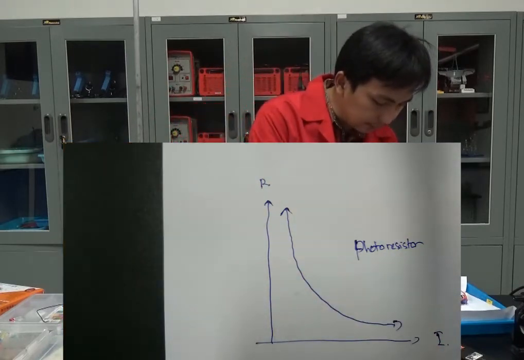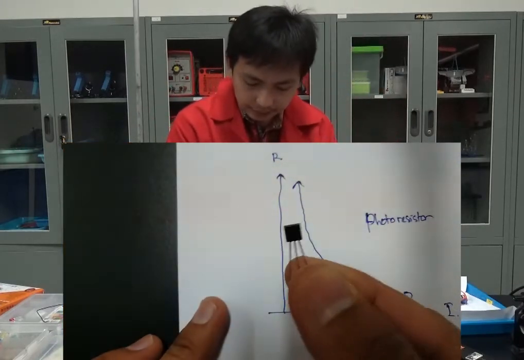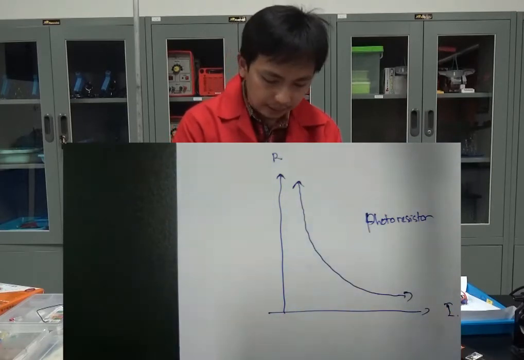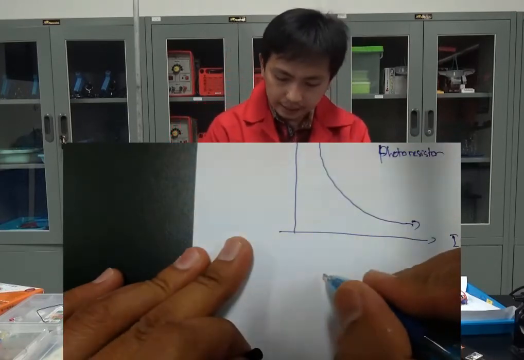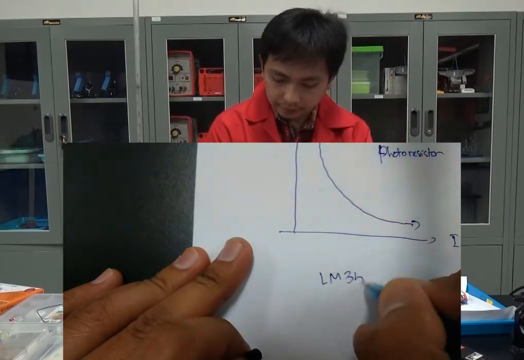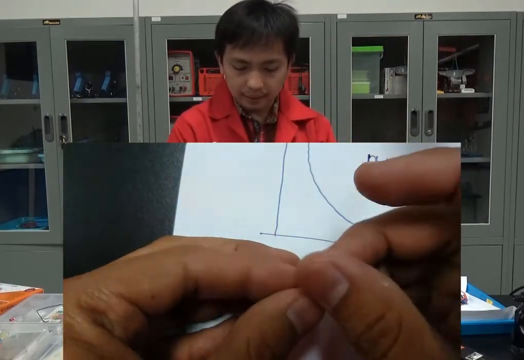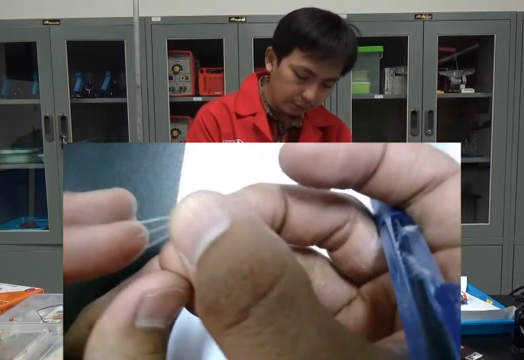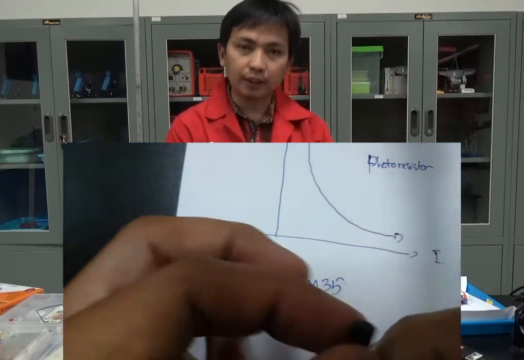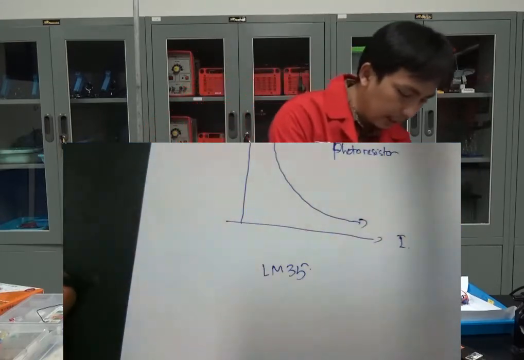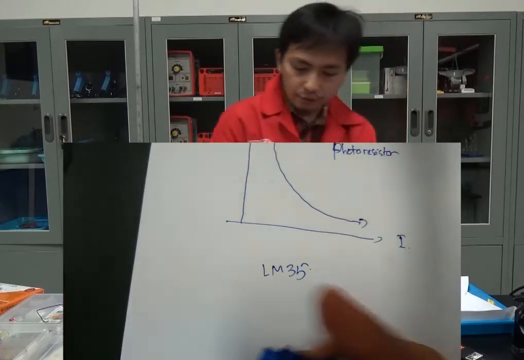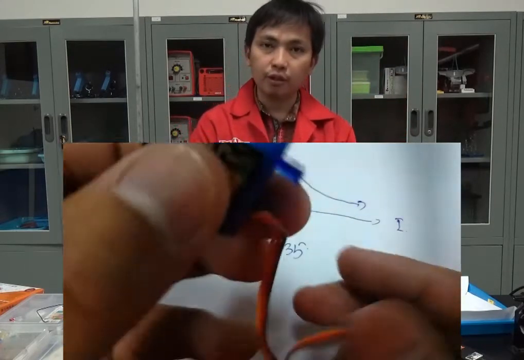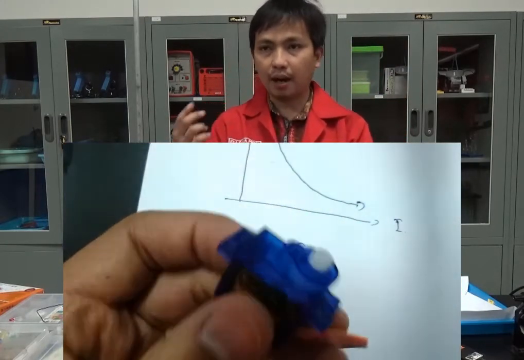Next we also have the temperature sensor. This one is the LM35. The temperature sensor changes its resistance depending on the temperature. Another piece of equipment we have is this servo. A servo looks like your arm.